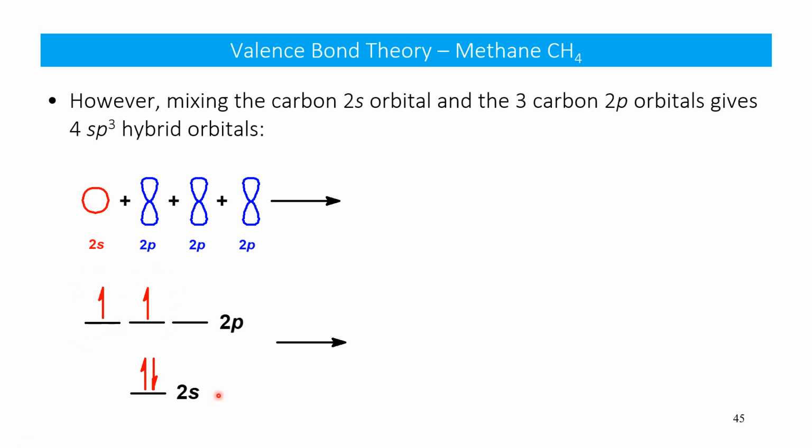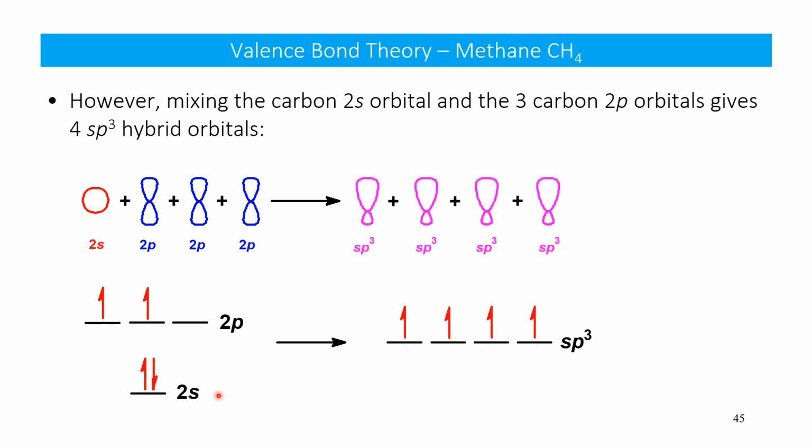But with the hybridization, or mixing, we now have four sp3 hybrids pointing towards tetrahedral geometry space, and this is a place where we can put our four electrons from carbon. So now we have an electron in each sp3 hybrid orbital.